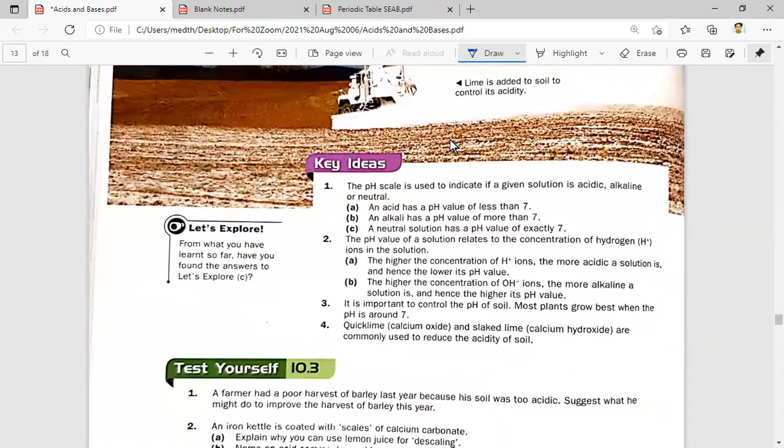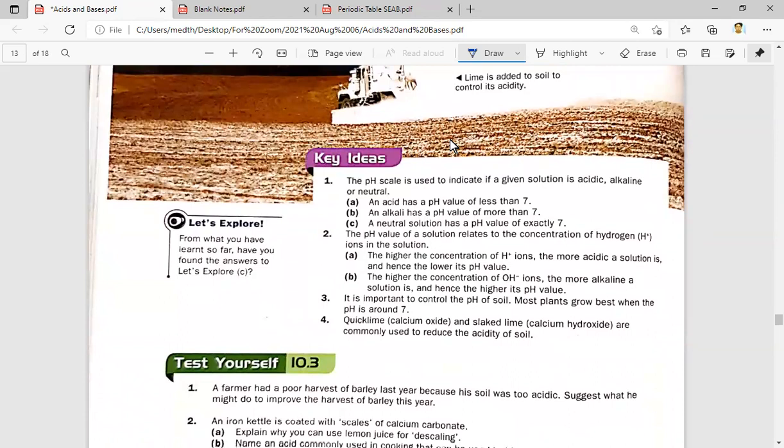So what we have gone through just now was a lot more on the pH side. Acid with a pH less than 7, alkaline pH more than 7, and neutral is exactly 7. Next, when we talk about pH value, the higher the concentration of H+, the more acidic the solution is.